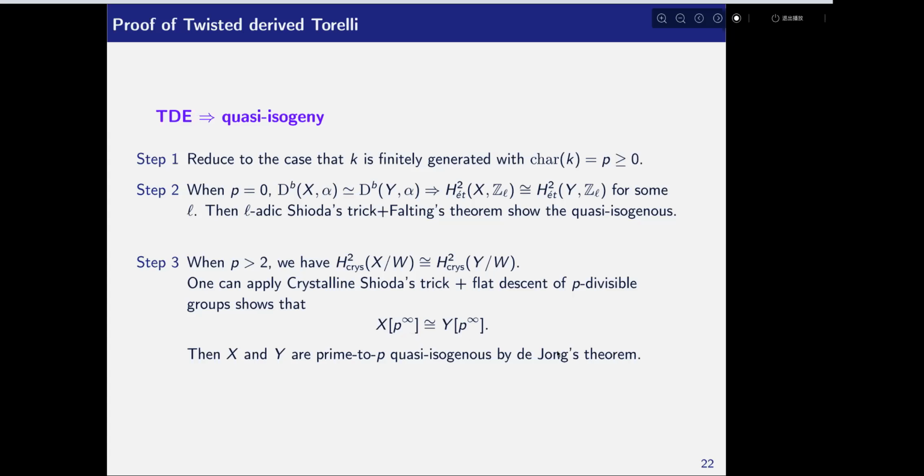And then by de Jong's theorem, X and Y will be prime-to-p quasi-isogenous. So in positive characteristic, we apply the crystalline Tate trick. This is one direction, from twisted derived equivalence to quasi-isogenies.